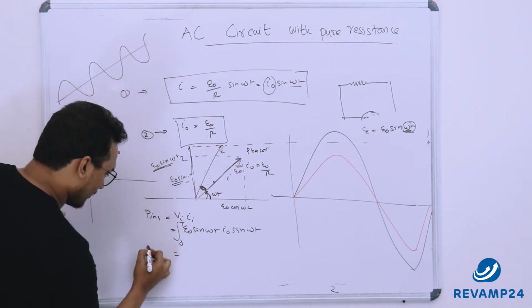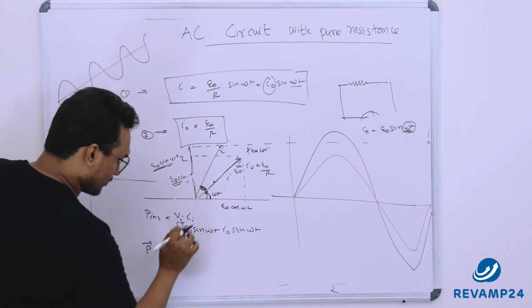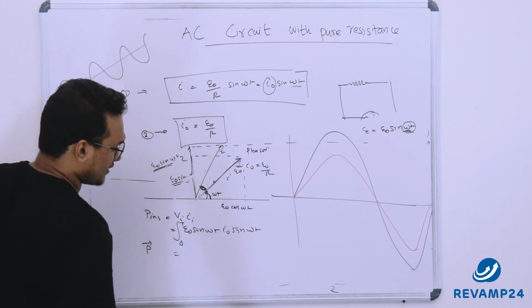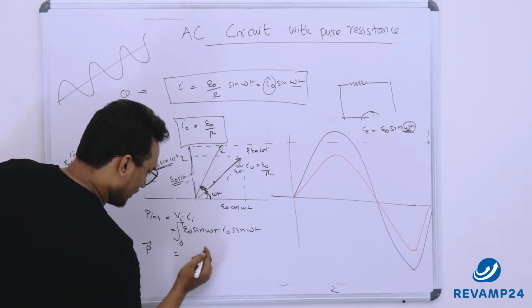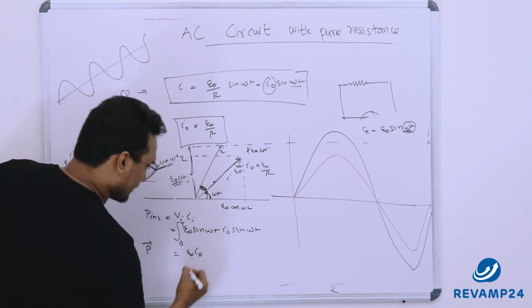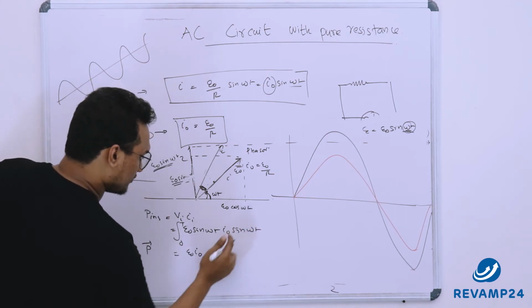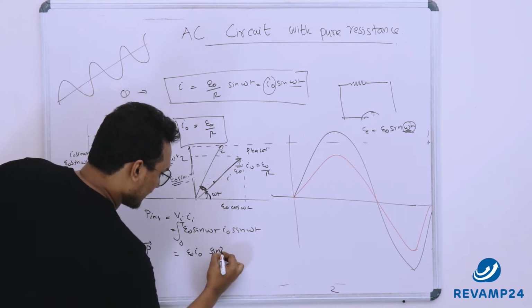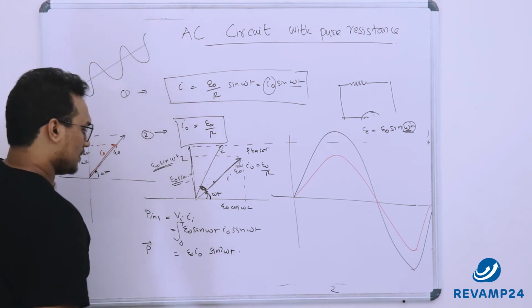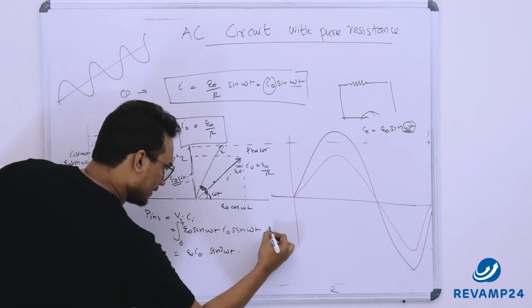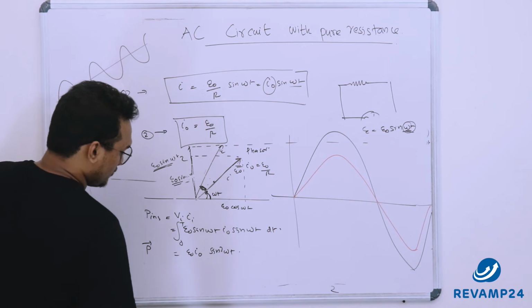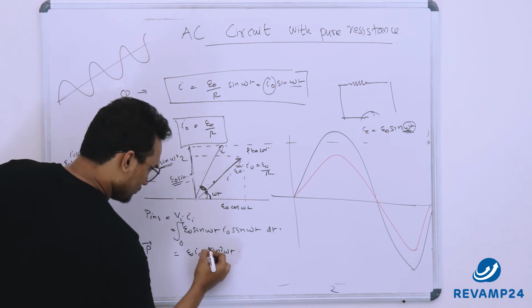Now average power is equal to the integral from 0 to t of this. So this will be E0 into I0, which I can take outside, and sin omega t into sin omega t is sin square omega t, and dt would be there, from 0 to t.